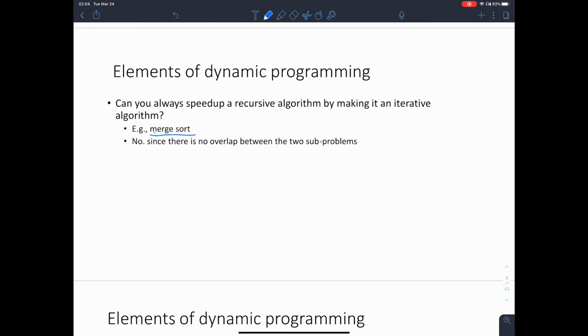But in the case of merge sort, if this is the bigger array we try to sort, first we divide it into two halves and use recursion to sort these two halves. And we don't see any overlap between these two subproblems. That is why we cannot improve the runtime of merge sort by converting it to an iterative merge sort.